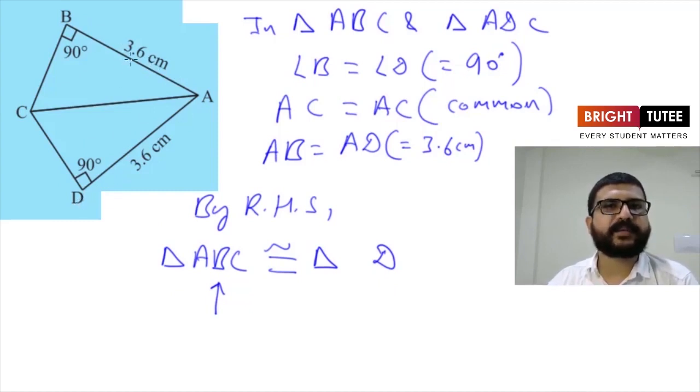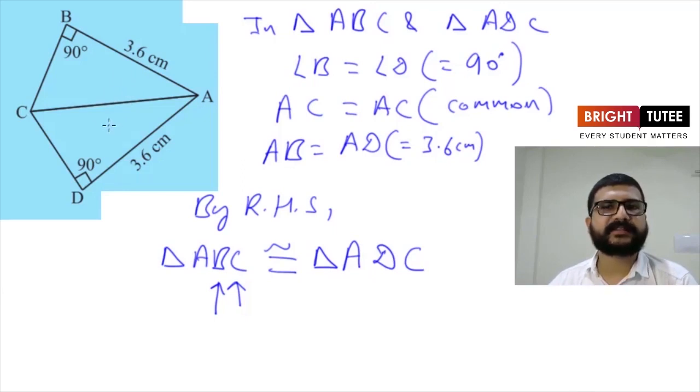Now the vertex opposite to AB for triangle ABC is C, and the vertex opposite to side AD for triangle ADC is also C. It means C corresponds to C, and C is written at the end here. We are going to write it at the end here also. Now we are left with only vertex A, which has to be at the beginning. So the relation is like this: triangle ABC is congruent to triangle ADC.